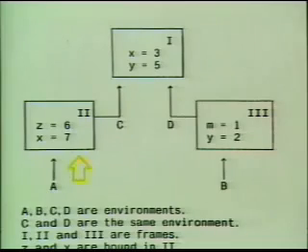Well, these are called frames. Here's a frame, and here's a frame. A is an environment which consists of the table labeled frame 2, followed by the table labeled frame 1. And in this environment, frame 2, x and y are bound.